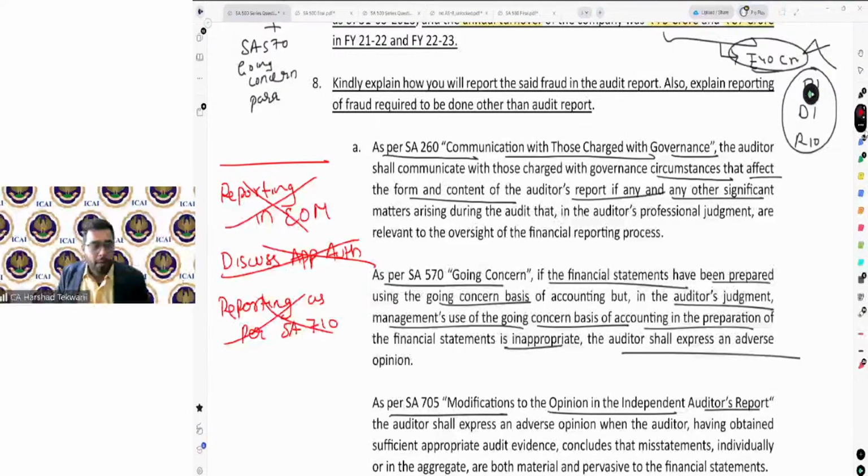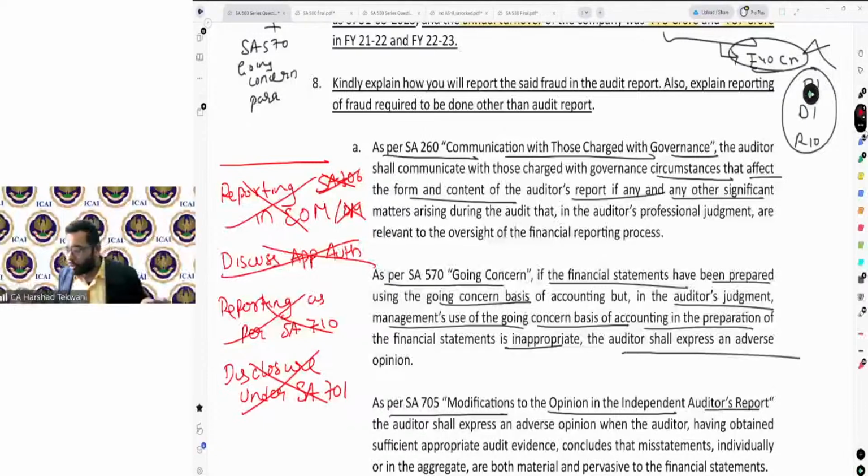Disclosure under SA 701, incorrect. This is not a key audit matter. Remember that. This is not an EOM or other matter paragraph as per 706. No, it's not.